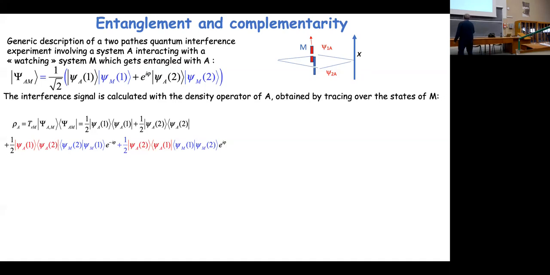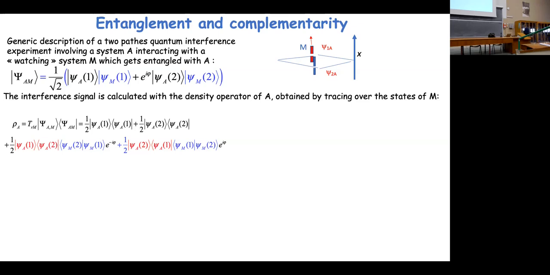You see now that the off-diagonal terms are multiplied by the scalar product of the two states of this device, which gives you information about the past. So the interference is multiplied by the scalar product of the two final states of the slit, the moving slit, for example. And this is the partial density operator.